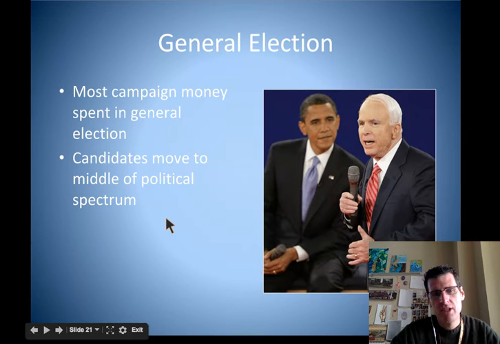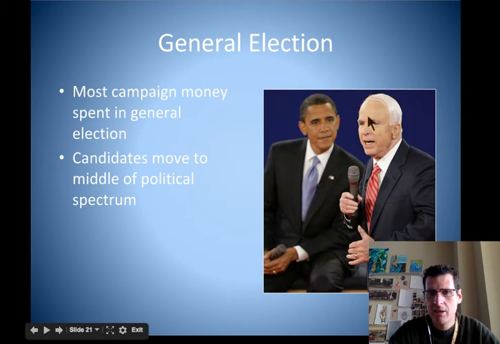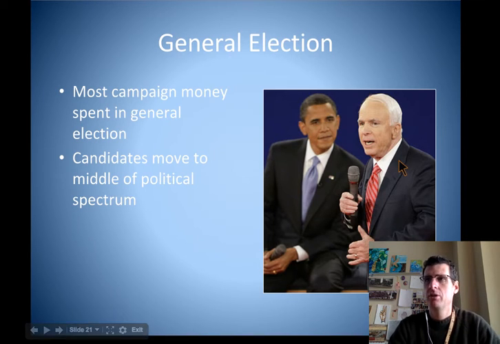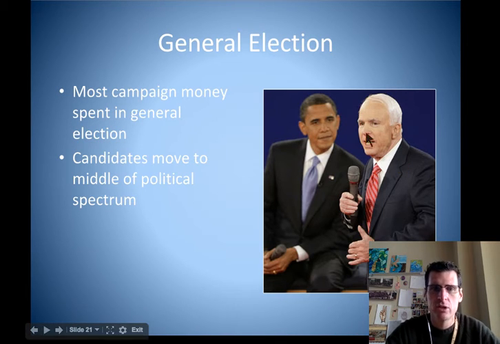What also tends to happen is that candidates move to the middle of the political spectrum. Very extreme Republicans are going to vote for the Republican every time. They're not voting for Obama. And so John McCain or Mitt Romney or whoever doesn't have to be as conservative in the general election as they might be in the primary when they're trying to win those Republican voters.